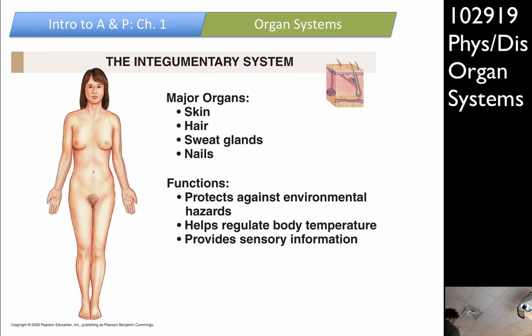So the first is the integument. The integumentary system is predominantly made up of your skin, but it also has hair, sweat glands, and the nails are these sort of accessory structures. It is the largest system in the body.